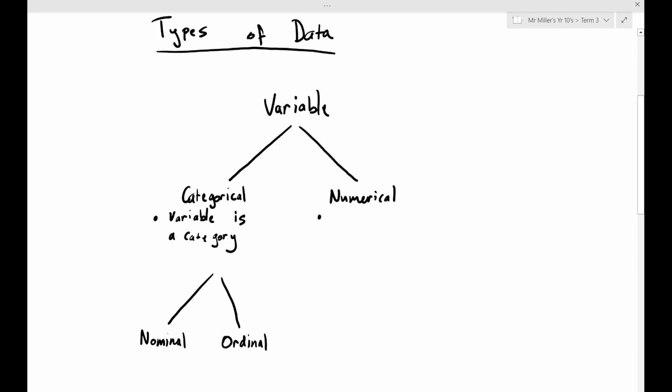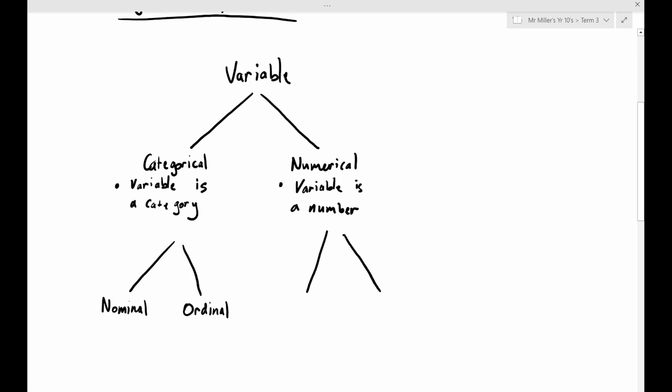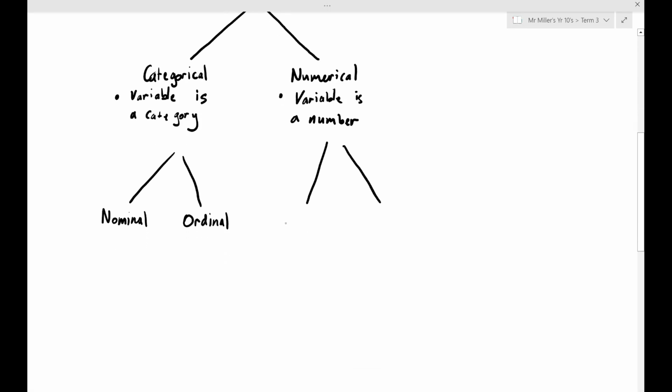Here, the variable is a number. We really ought to say it is measured as a category, or measured as a number, but I think we can get away with just saying the variable is going to be a number if it's numerical data. So under numerical data, we can have discrete and continuous.